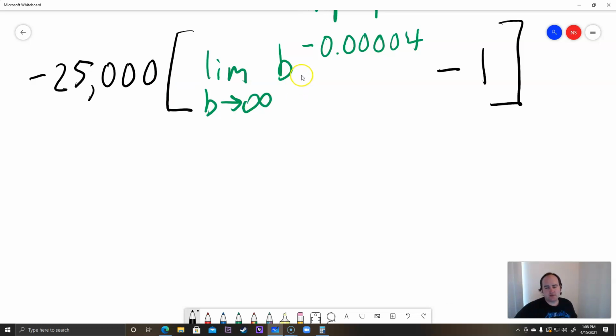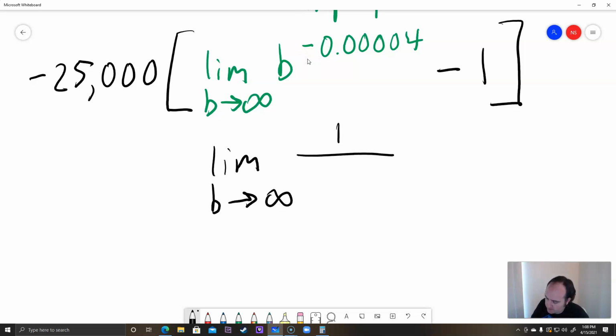So probably the easiest way to do this limit is to rewrite the negative exponent as a positive exponent. Okay, so I'm going to rewrite this as the limit as b goes to infinity of 1 over b to the 0.00004.